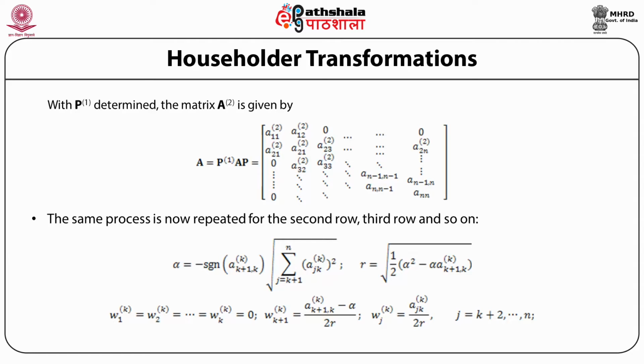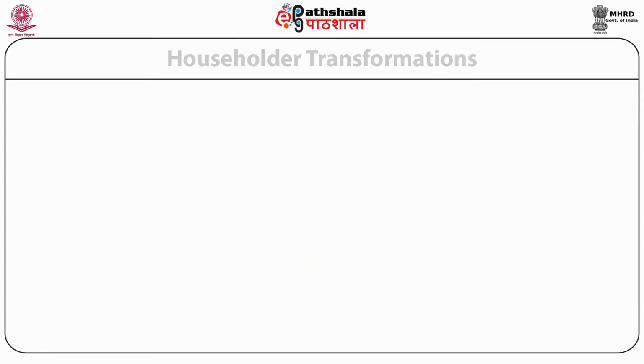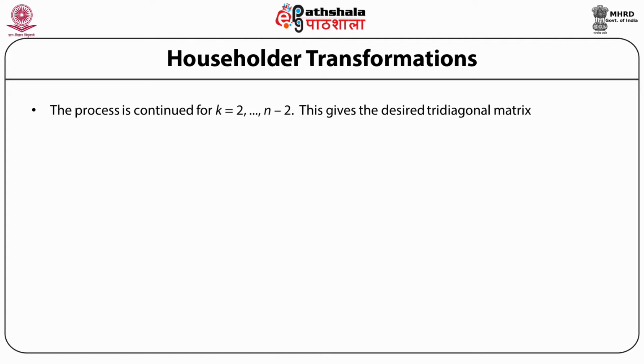And likewise wk plus 1 raised to power k equals a k plus 1 comma k minus alpha by 2r, and wj raised to power k equals ajk raised to power k by 2r, where j takes the value from k plus 2 to n. The process is continued for k equals 2 to n minus 2.